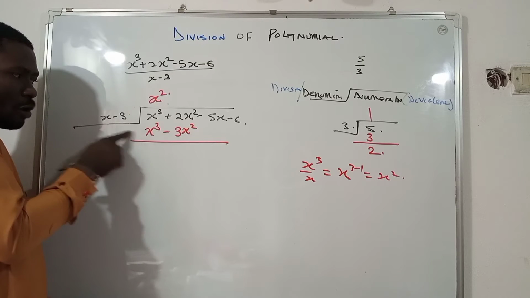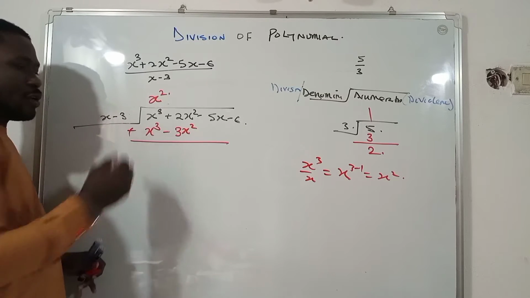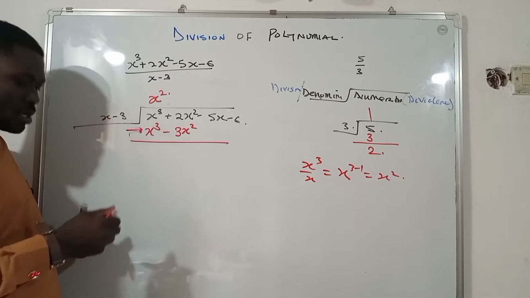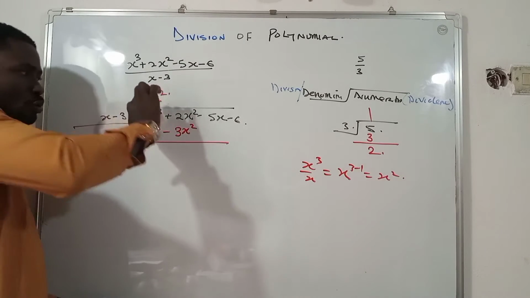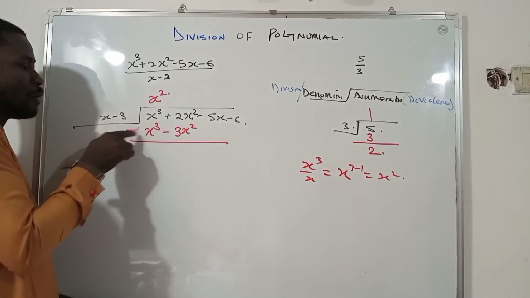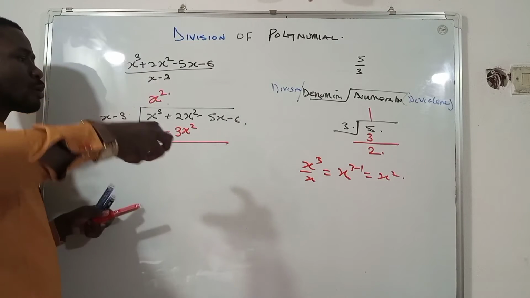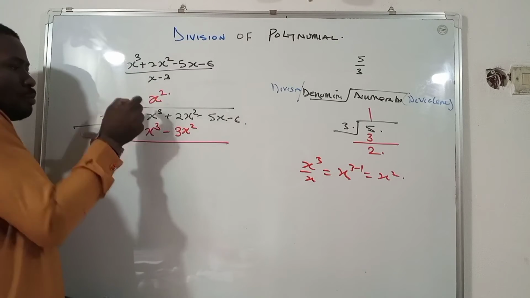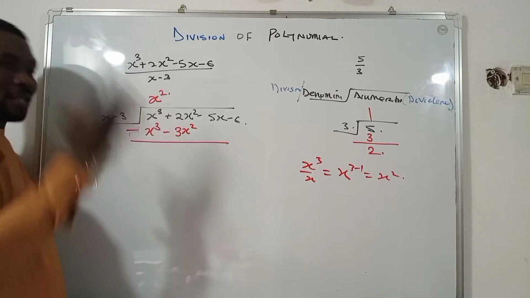Whatever sign you're putting here, you may decide to add, you may decide to minus. What determines what you're to do to these two? This is now a polynomial, this is now a polynomial. What will determine whether it's a plus sign or a minus sign will be what will turn x cubed to 0. In other words, x cubed, the first term, must disappear.